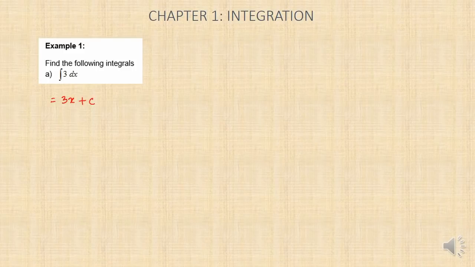So integrate a constant 3, we have 3x plus c. For another example, let's say we integrate a constant pi with respect to dy. Okay, so by rule number 1, we're gonna have pi y, since the integration is with respect to y. So we're gonna have pi y plus c.